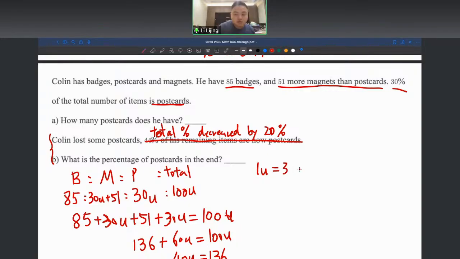Okay, so you want to find postcard. Postcard is 30U. Then you get 102. So this is your answer for part A, 102 postcards.